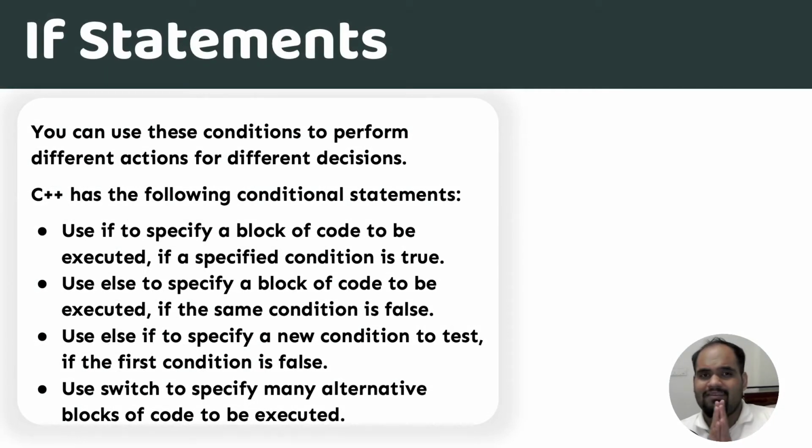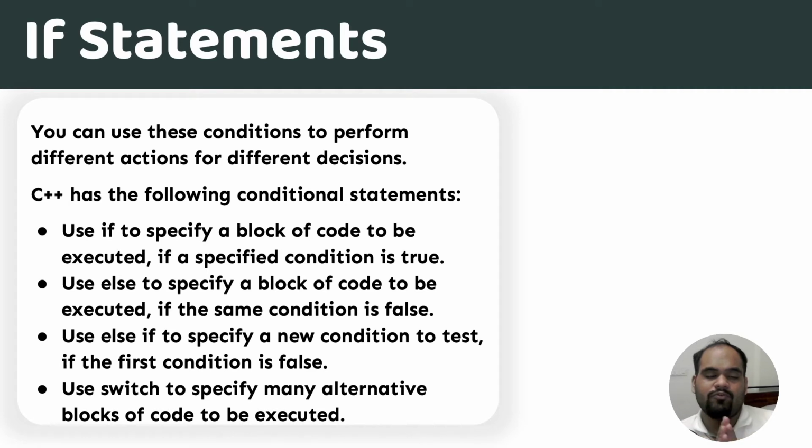Okay, now what is an if condition? You can use these conditions to perform different actions. C++ has the following conditional statements, which are used to specify whether a block has to execute or not. Using if allows you to execute a particular block or not, depending on how you want to execute it.